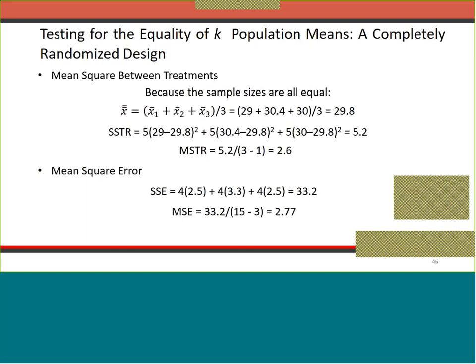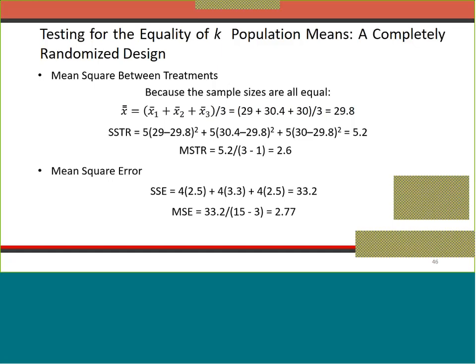Plus third sample size is 5 into 30 is the third treatment mean minus overall sample mean whole square. So sum of squares due to treatments is 5.2. If you want a mean sum of squares, then 5.2 by 3 minus 1, the number of treatments minus 1, that is 2.6.